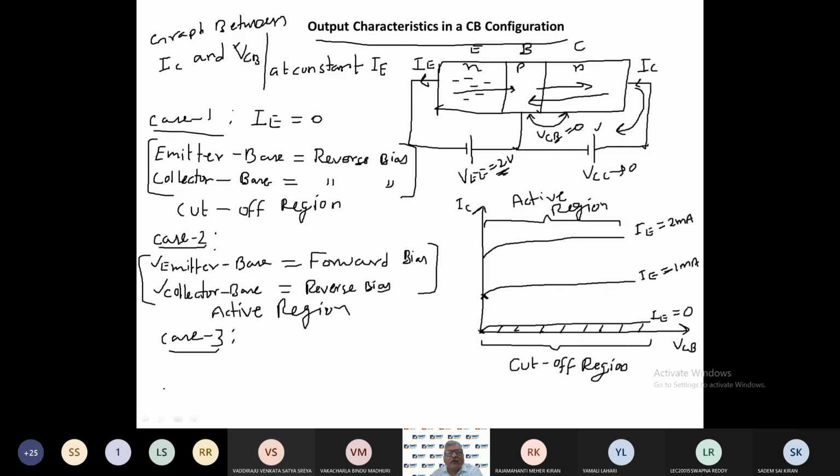So in case 3, emitter base is the same, forward bias, and collector base you also make forward bias.